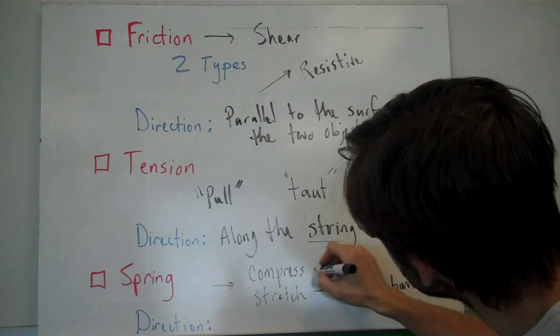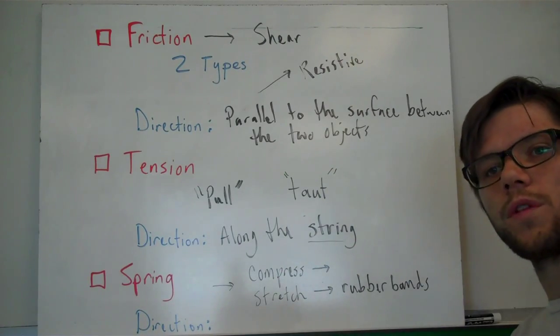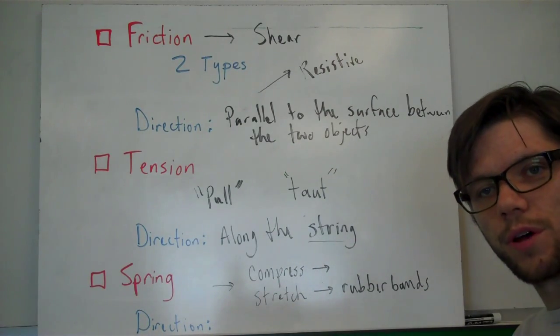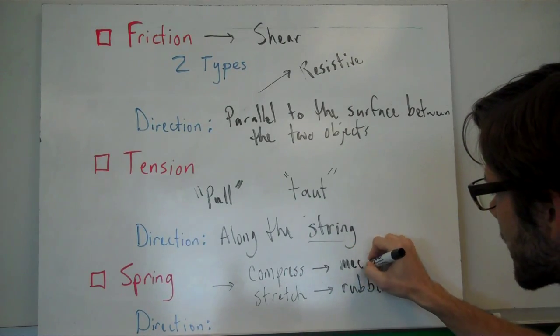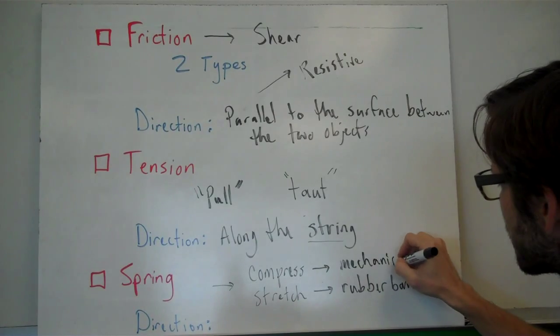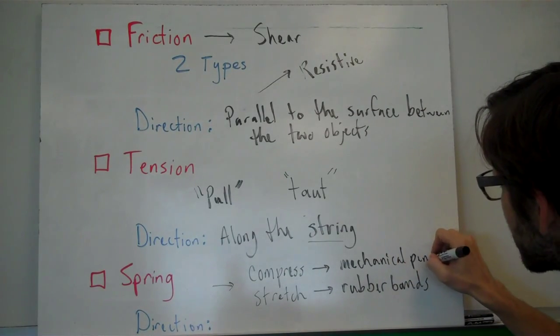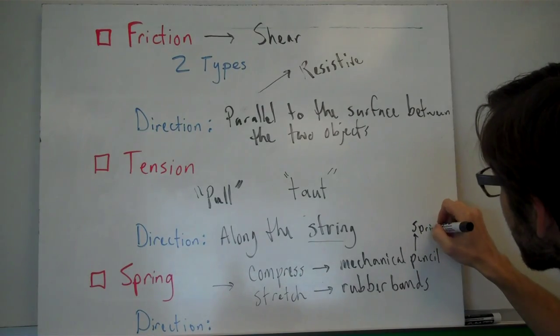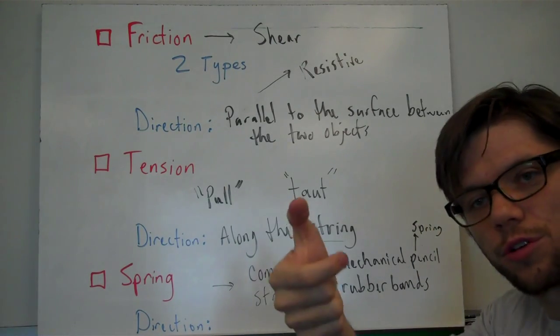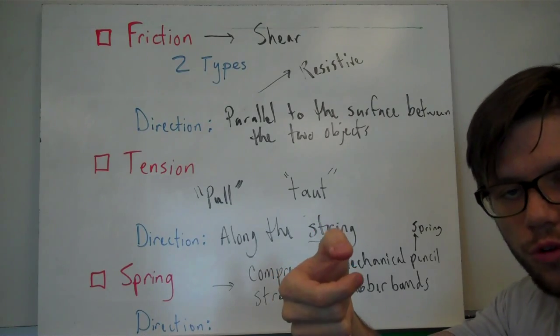The compress example, the one that I think about the most as an easy example, is if you've ever taken apart a mechanical pencil and you look at the spring on the inside, that spring is one that when you compress it, you can feel that there's a force being applied.